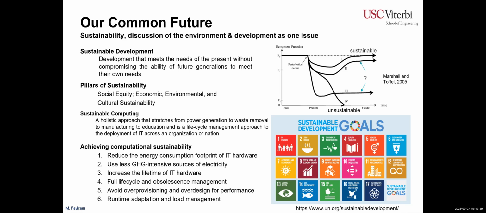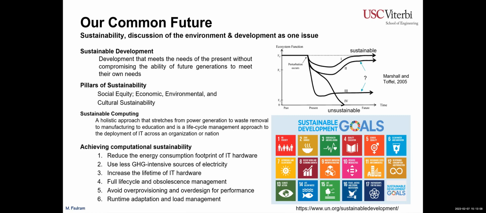Now, to achieve computational sustainability, there are many different approaches that one could use. I've given here a short list of some of the techniques that one can use to ensure improved sustainability in our computing infrastructure. Of course, first and foremost would be to reduce the energy consumption footprint of the IT hardware itself.